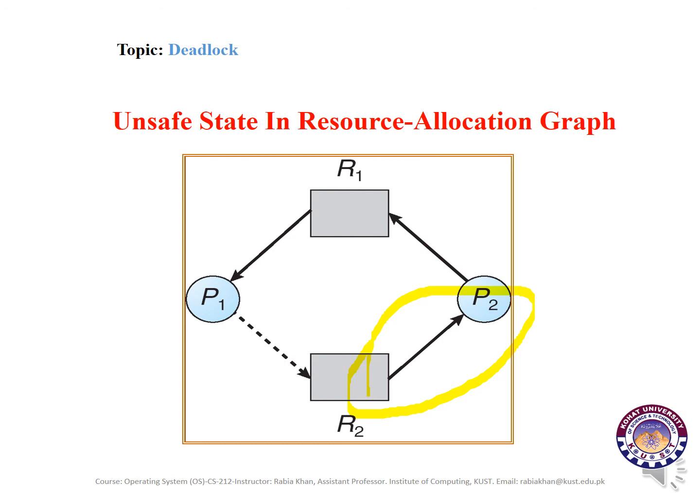In this resource allocation graph, we can observe an unsafe sequence of processes as a circle can be observed. You can see the circle. Let me draw it.